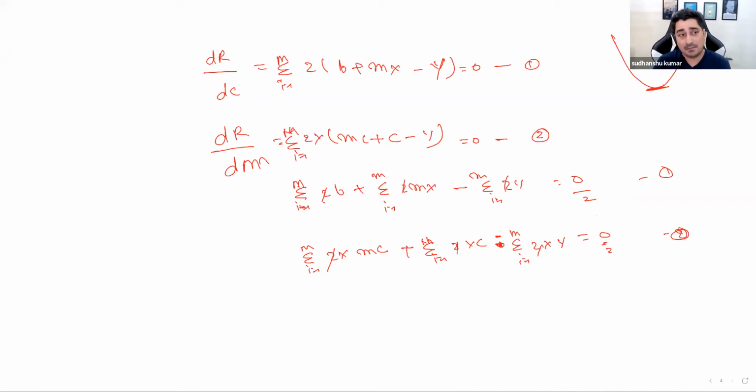So how will I be able to find out, let's suppose initially I'm trying to find some value of m and some value of c, but how will I find the best value of m and the best value of c? Let's try to understand that particular part, because that is my objective. I am supposed to find the best value of m and the best value of c.